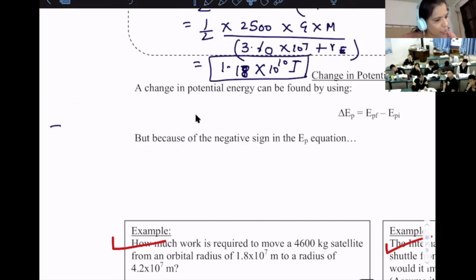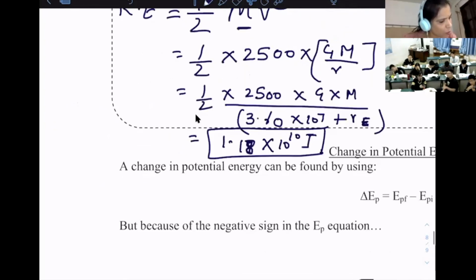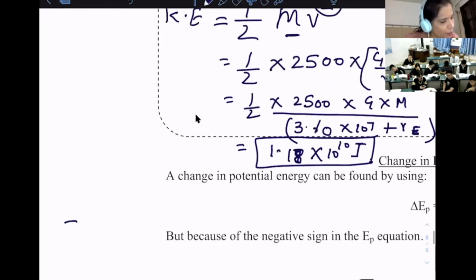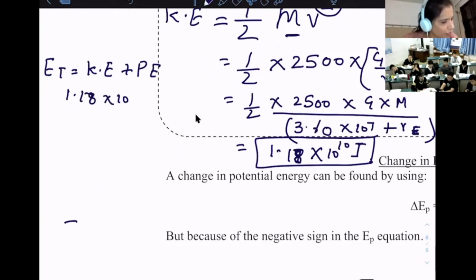I will write the total energy here. There's no place here, I'll just write it here. So ET is kinetic energy plus the potential energy. Add the two numbers, 1.17 or 1.18 times 10 to the power of 10 plus minus 2.35 times 10 to the power of 10. You add, because this is a positive and a negative sign, the ultimate energy of the system is negative.